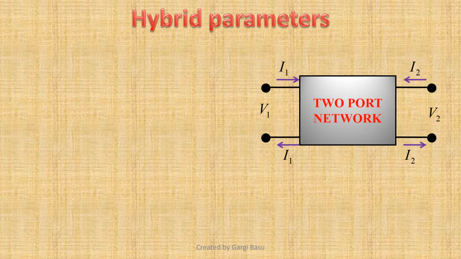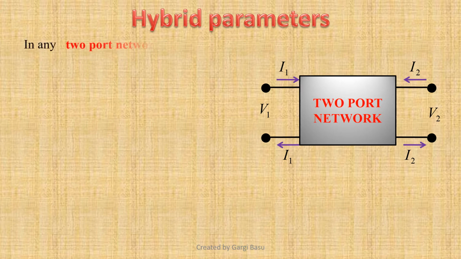Let us recall how we have described a two-port network using hybrid parameters. While using hybrid parameters, we consider input port current I1 and output port voltage V2 as independent variables, whereas input port voltage V1 and output port current I2 are considered as dependent variables.